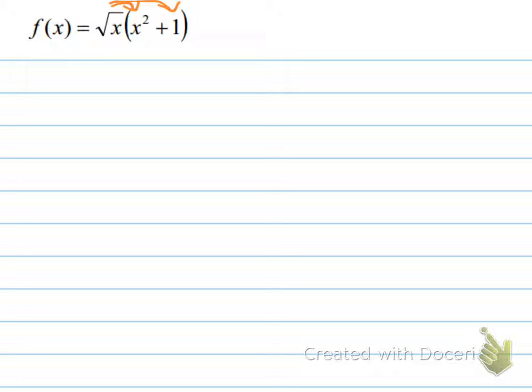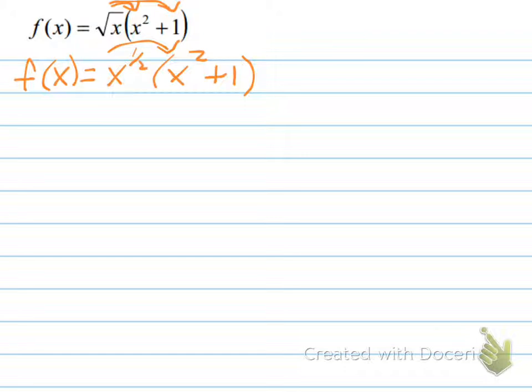I can rewrite the square root of x to have a rational exponent. So this would be x to the 1/2 power times x squared plus 1. Well, remember, when you are multiplying, because I'm going to distribute, I'm going to do x to the 1/2 power times x squared.